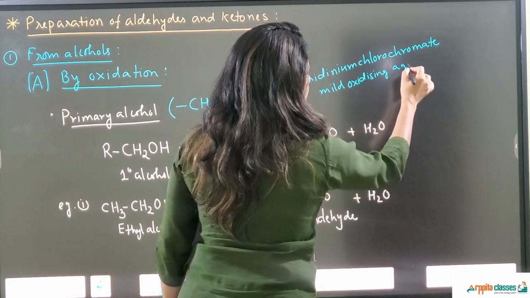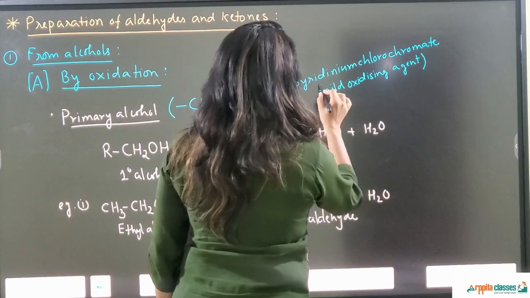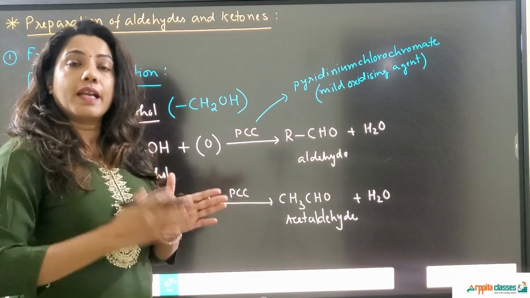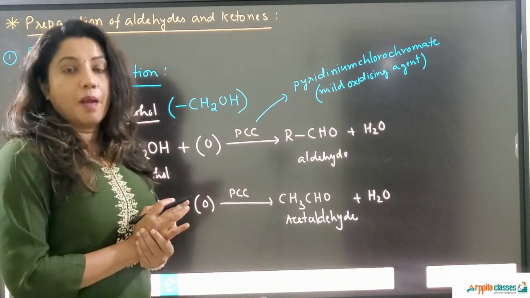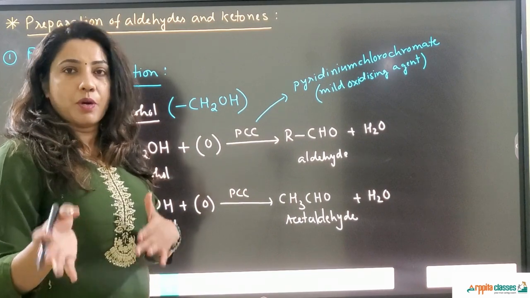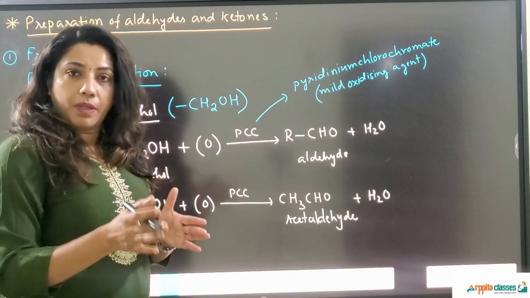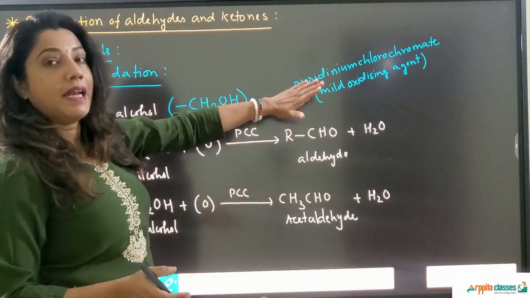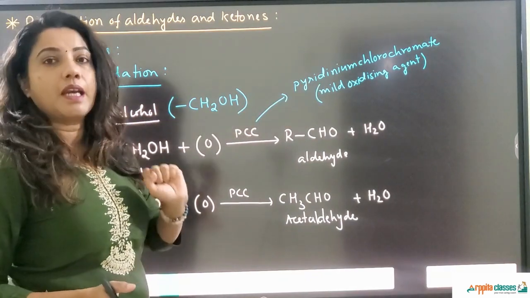Why are we using a mild oxidizing agent? Because we know if we use a strong oxidizing agent, primary alcohols directly convert to carboxylic acid. But we don't want them to convert to carboxylic acid. We want to stop the reaction at aldehyde. So we are using the mild oxidizing agent, pyridinium chlorochromate.